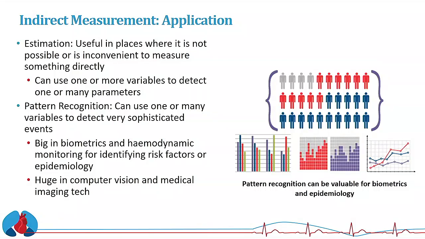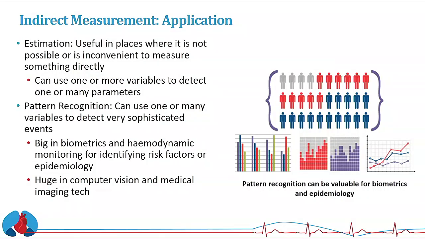So pattern recognition, again, you can use one or many variables to detect incredibly sophisticated events. It's becoming huge in biometrics and hemodynamic monitoring for identifying risk factors, looking at and predicting patient outcomes, and also identifying where disease is going to occur, how it's spreading, and so on.